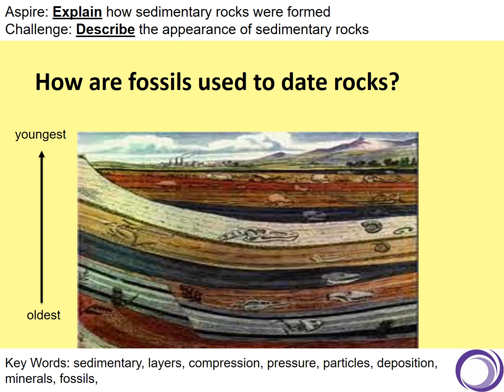Therefore, it's also logical that the oldest fossils are at the bottom of any cliff, and the newer ones will be at the top in that younger rock. So if scientists can identify certain fossils in layers of rock, and then they can look at other rocks, they can use that to compare the dates of those rocks, because if they have similar fossils, it's logical that they are similar ages.